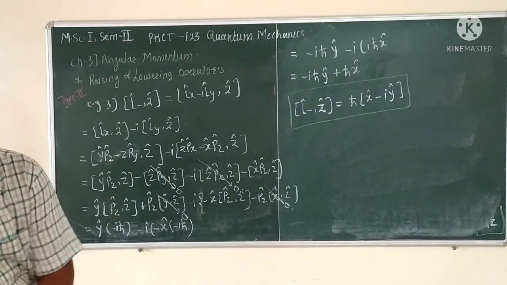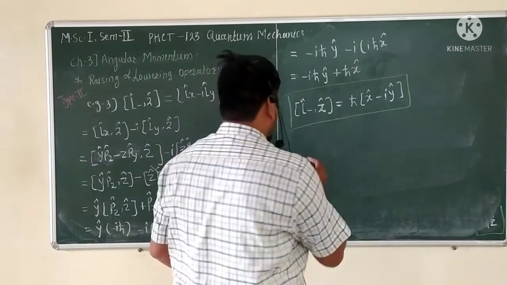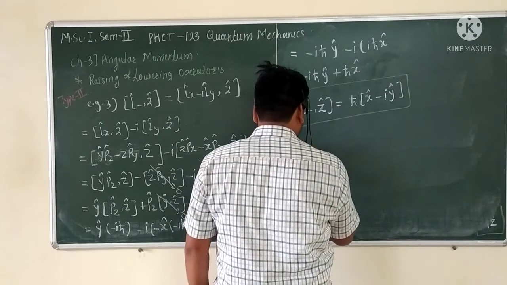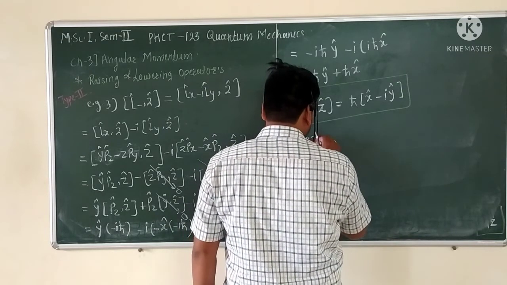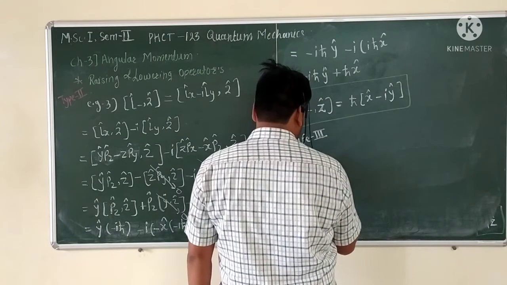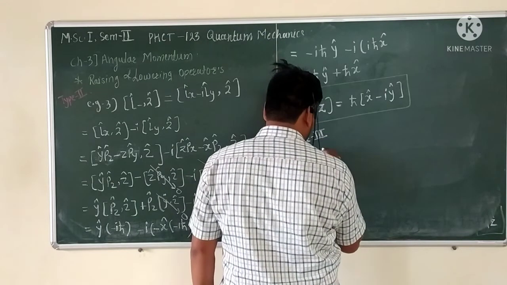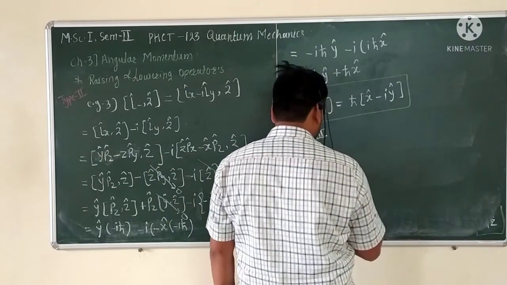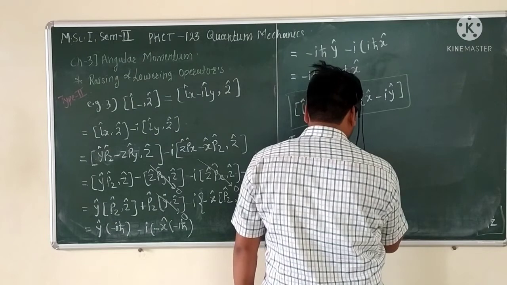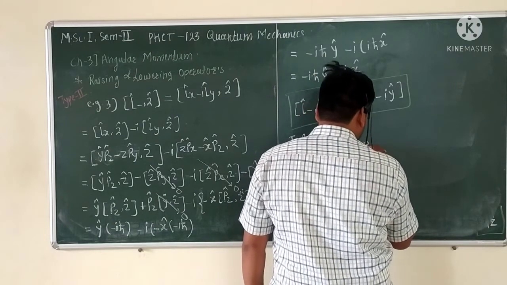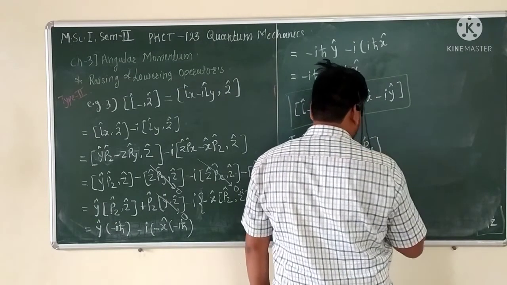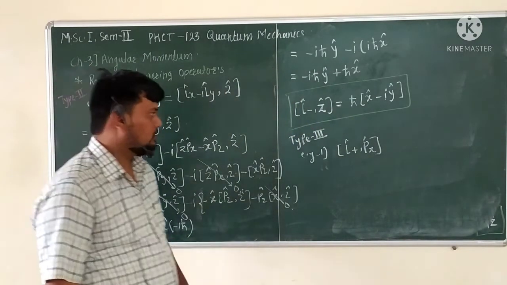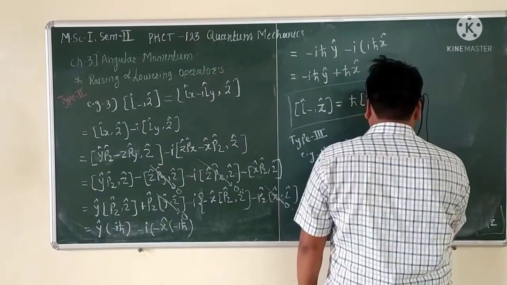So this is type number three, example number one, and we want to see the commutation relation between L plus cap and Px cap. How is this commutator bracket solved?